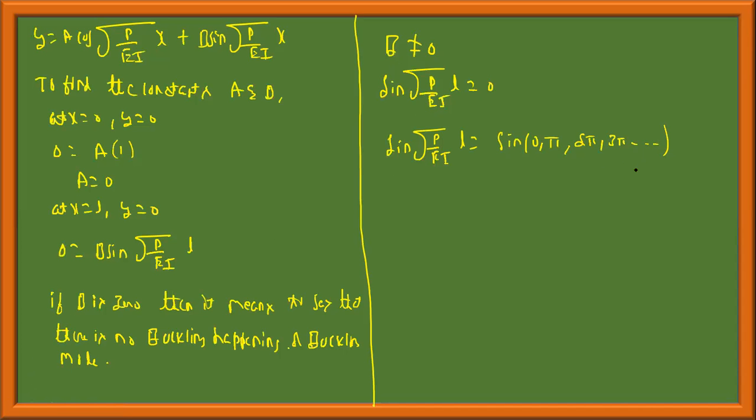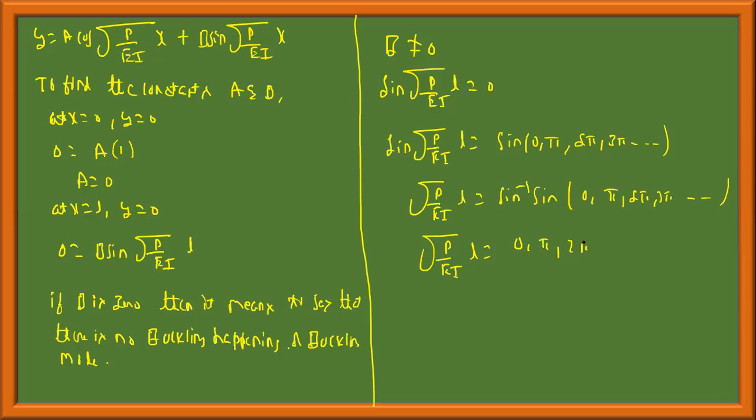So root P by EI into L is equal to 0, pi, 2 pi, 3 pi.